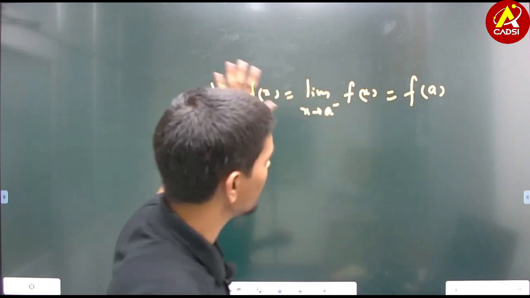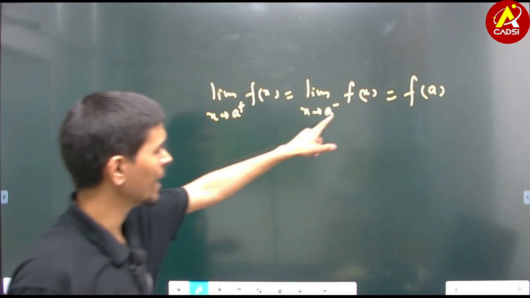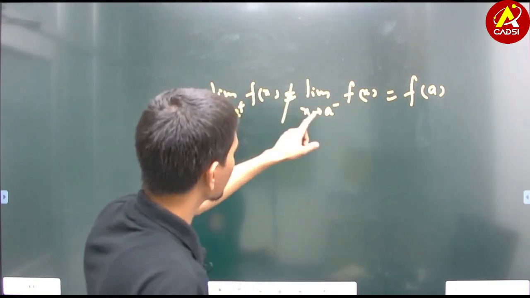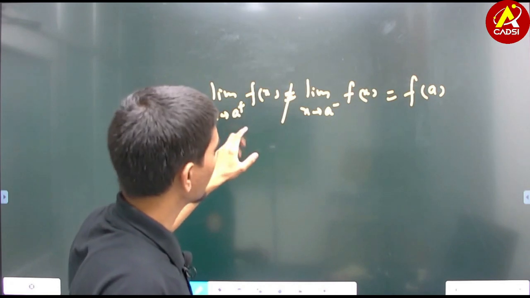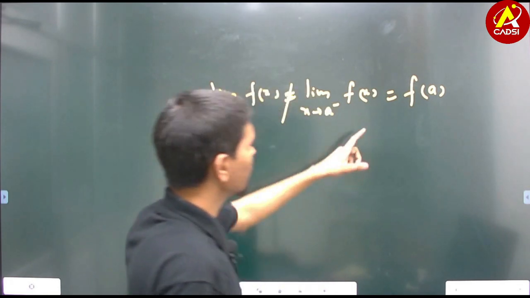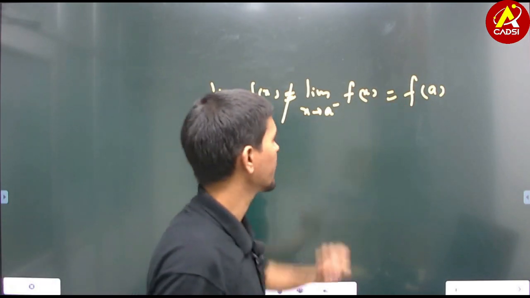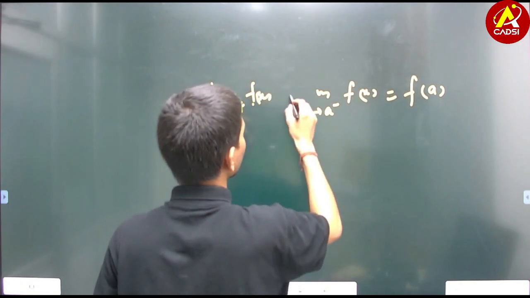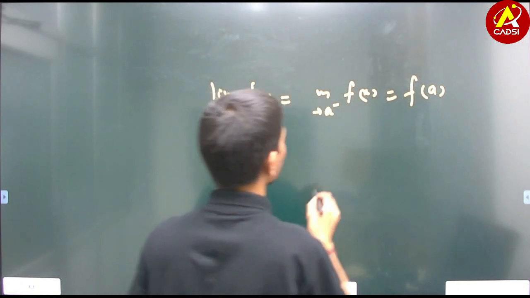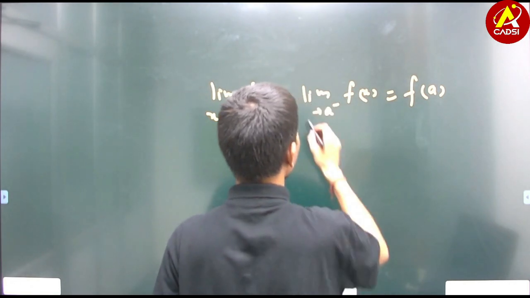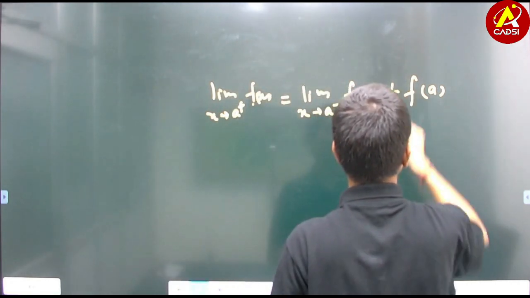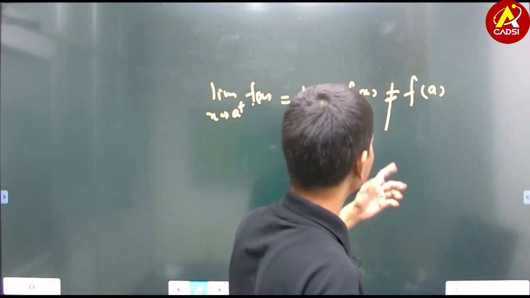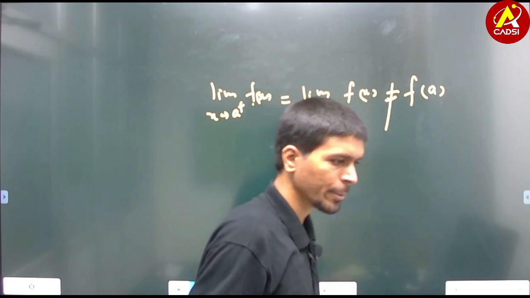This is the condition of continuity of a function at a point x equals a. But if this condition does not hold, then we can say that the function is discontinuous at x equals a, and again we can say that the function is not continuous at this point.